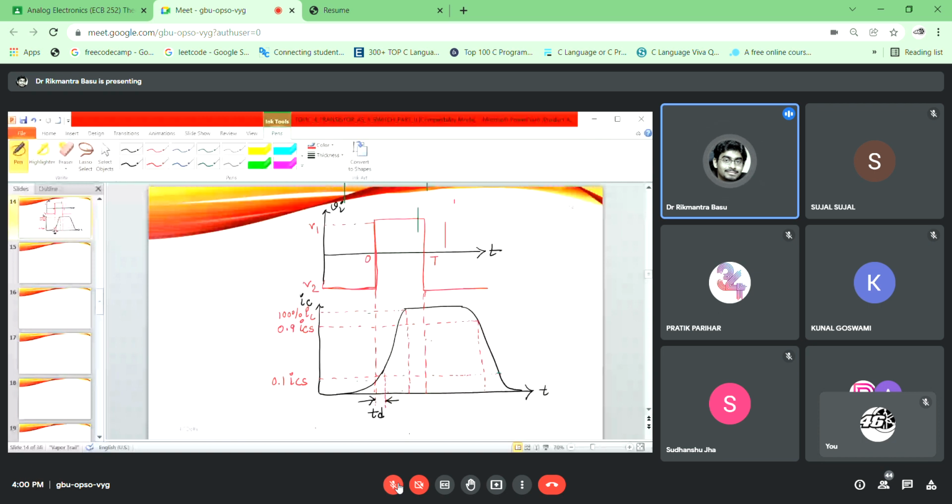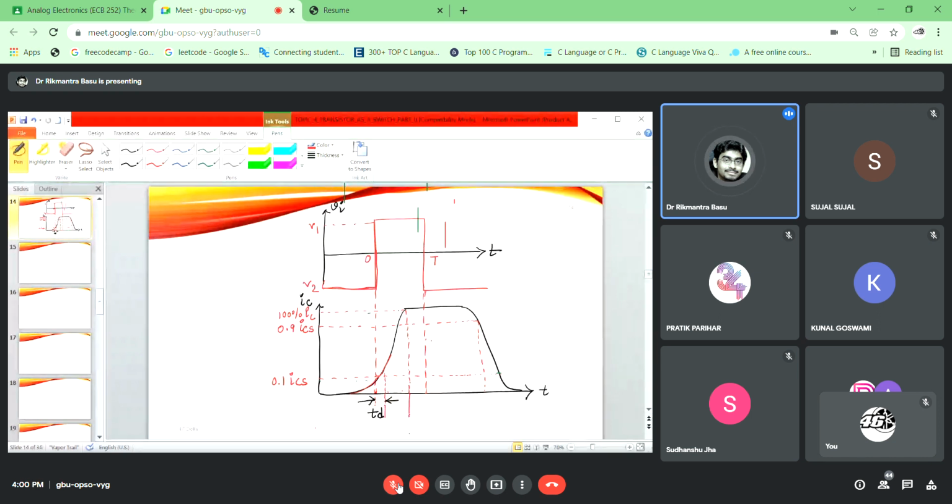But whenever it is applied to a transistor circuit with the practical limitation of the circuit components, because there are voltage sources, resistances, transistors, metallic wires, the output never becomes such a rectangular shape. Rather, it becomes broadened, or instead of starting from this point it actually gets delayed up to a certain time. So this portion is known as TD, the delay time.